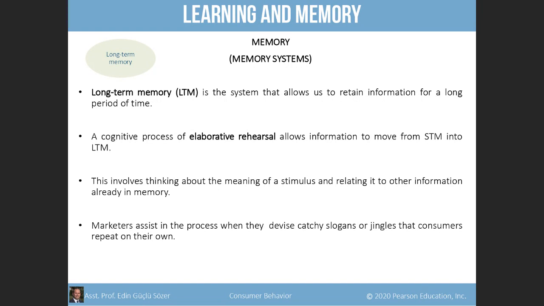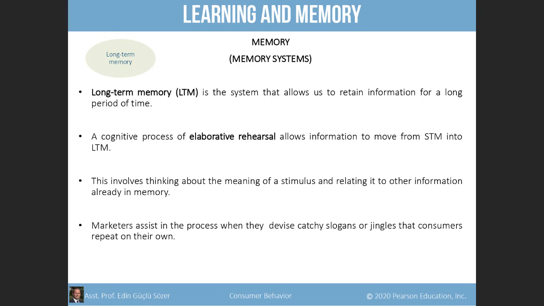So in order to pass from sensory memory to the short-term memory, the stimulus should attract our attention. In order to pass from short-term memory to the long-term memory, the stimulus should be elaborated more by us. So we need to think about it.